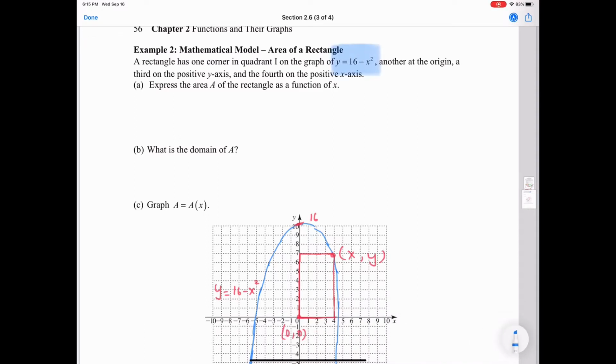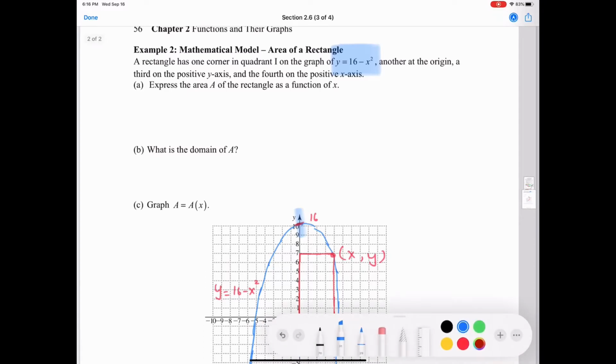The function is given to me as 16 minus x squared. When I see this, I know that it's a quadratic function with a reflection with respect to the x-axis, and there is a vertical shift of 16 units up. So I graphed it, and I'm calling this the 16 point. It's a little off scale, so please ignore.